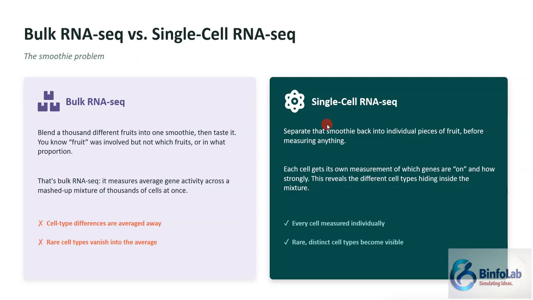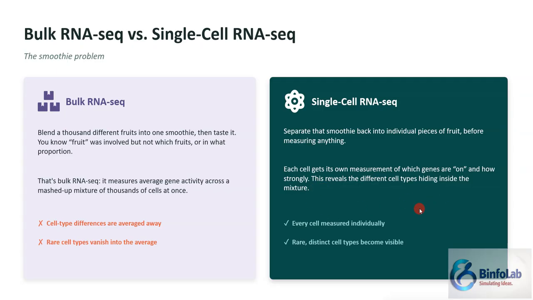On the other hand, if you separate that smoothie back into individual pieces of fruit before measuring anything, each cell gets its own measurement of which genes are on and how strongly. This reveals the different cell types hiding inside the mixture.